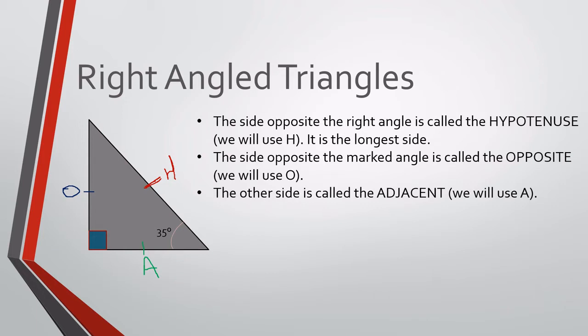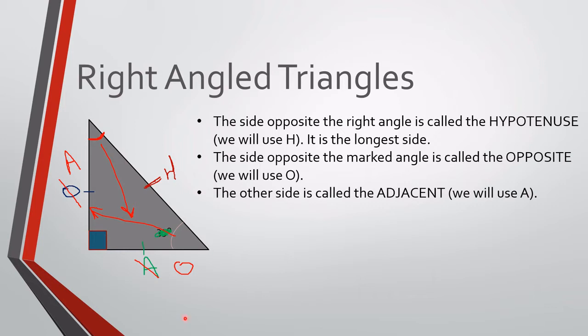For example, in this instance, the angle is not here, and the angle is over here. Then this becomes the opposite, and this becomes the adjacent. So the side opposite to the angle becomes the opposite, and the other side becomes adjacent.